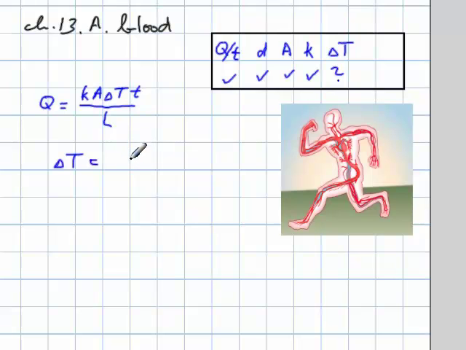So when I do the algebra on this one here, it's going to be Q over T. Actually, I'm going to redo that because that Q over T is already given, so I'm going to write it separately.